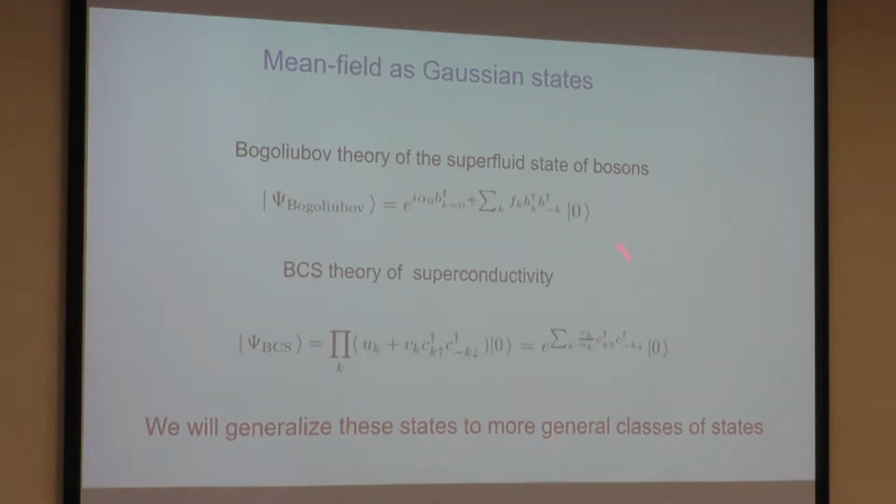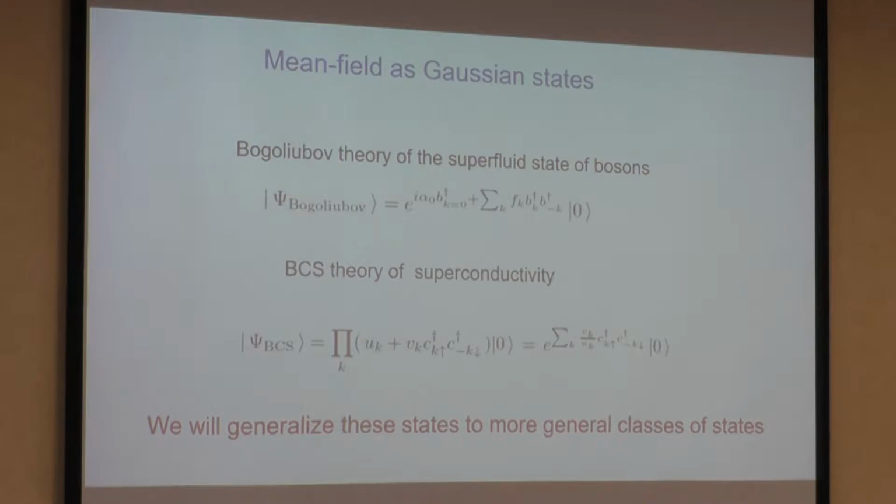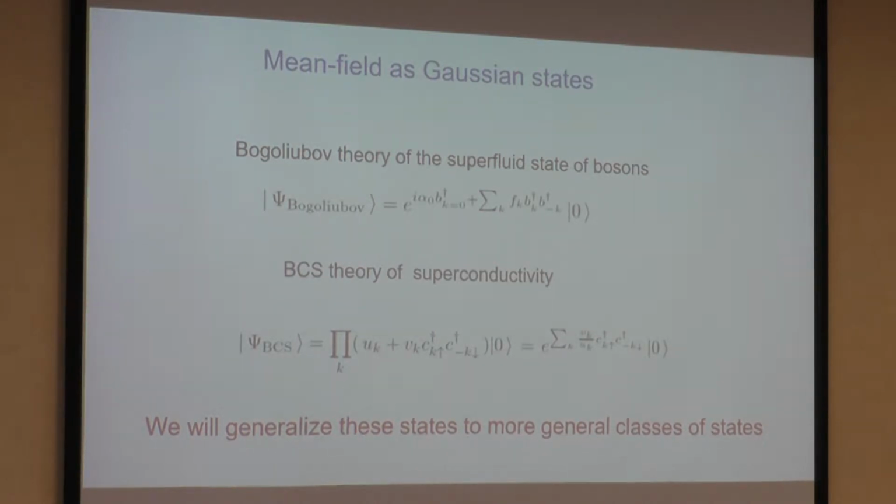And then we also remember the BCS theory of superconductivity. That's the usual BCS wave function, which is a superposition where, in a state of given momentum, we either do not have any particles or we have a pair of fermions with opposite momenta and opposite spins.